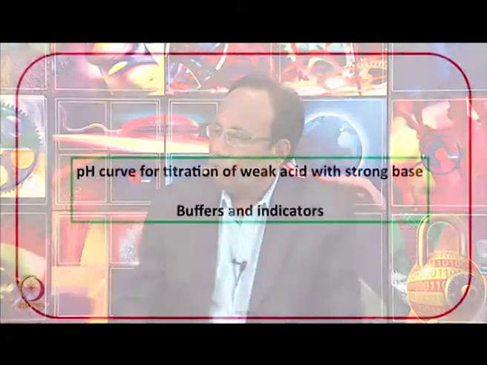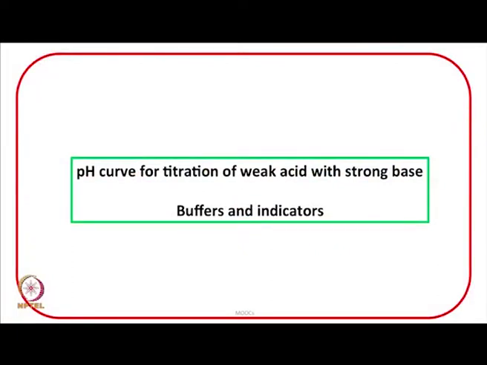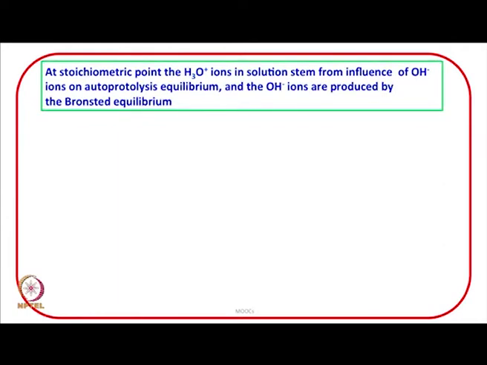Let us start discussing the pH curve for titration of a weak acid with a strong base. Now what we have is, at the stoichiometric point, the hydronium ions in solution stem from the influence of OH ions on the autoprotolysis equilibrium, and OH ions are produced by the Bronsted equilibrium.